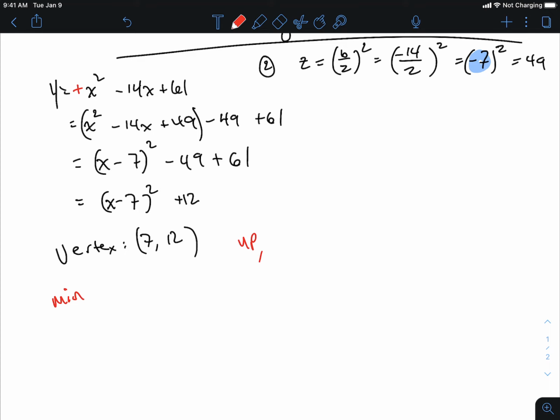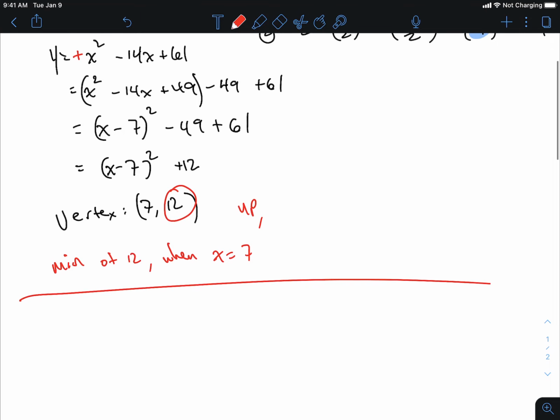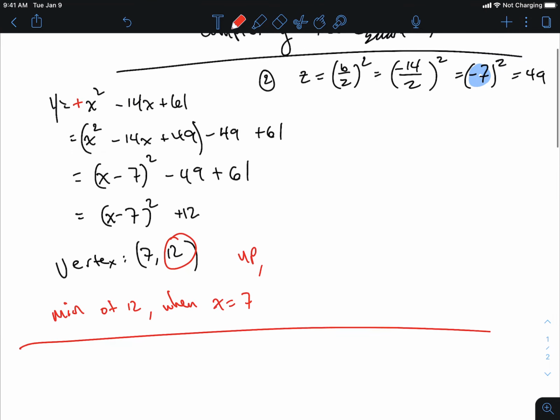And then it's a minimum of the y value, right? Minimum of 12 when x equals 7. Done. Freebie. It's a freebie. There's a free 5 marks. Okay? Next one. Has everybody got that down? Most of you do because you got it right, actually.